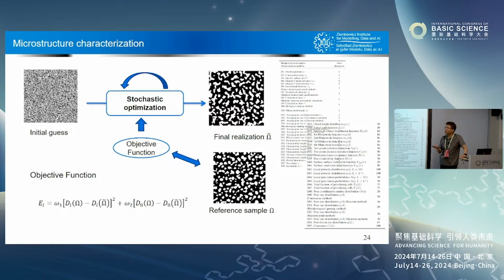We continue that iterative process, and by doing this the loss function gets smaller and smaller until it reaches a threshold. At that point, we end up with a final realization which contains information, no more, no less, as measured by that particular descriptor.